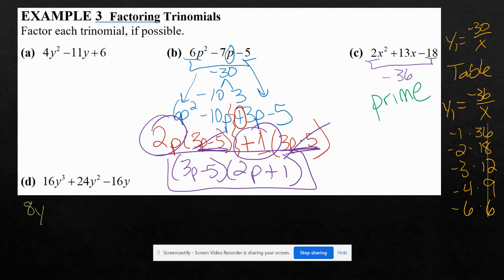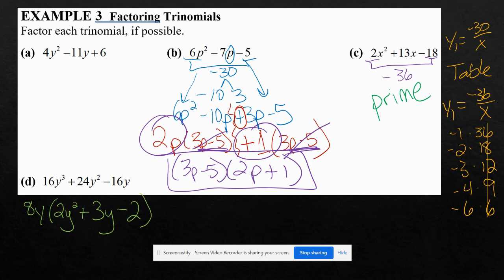So I'm going to pull out a y. 16 divided by 8 is 2. I have 3 y's. I'm pulling 1 out, so 2y squared plus 24 divided by 8 is 3. 2 y's, pull 1 out, that's y, minus 16 divided by 8 is 2, and that y goes away.